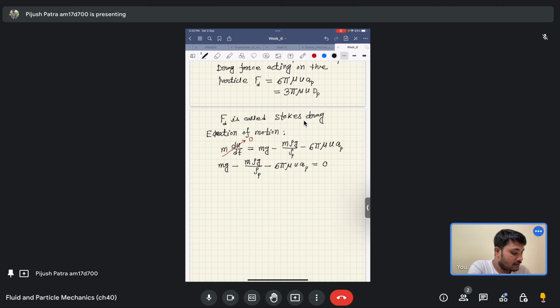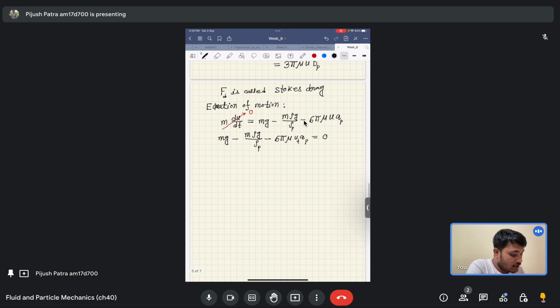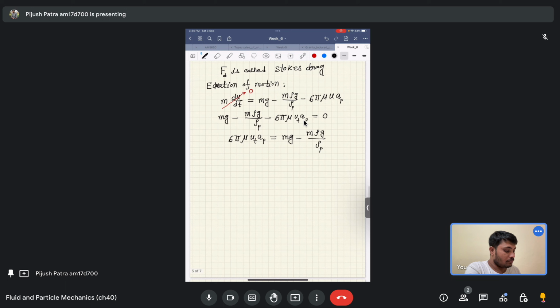As simple as that. So then if one calculates what is u in this case, the terminal velocity, I will write it as ut. So what is ut? That means 6 pi mu ut into ap is equal to mg minus m rho g divided by rho p. Is this right? Fine.